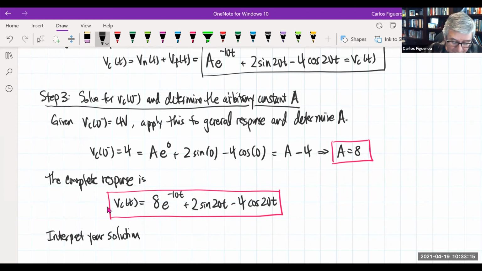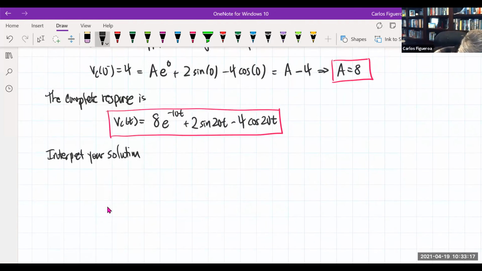So what I did here is that using PSpice, VC of t was plotted.